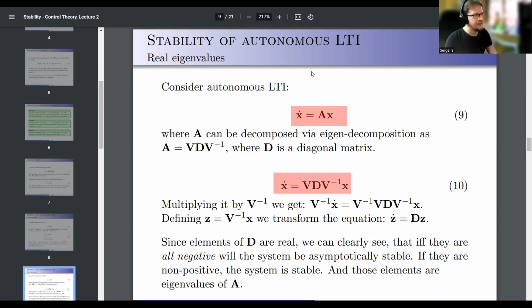Now, next step is multiply equation 10 by V inverse. So we get V inverse here, V inverse here. This is what we got.